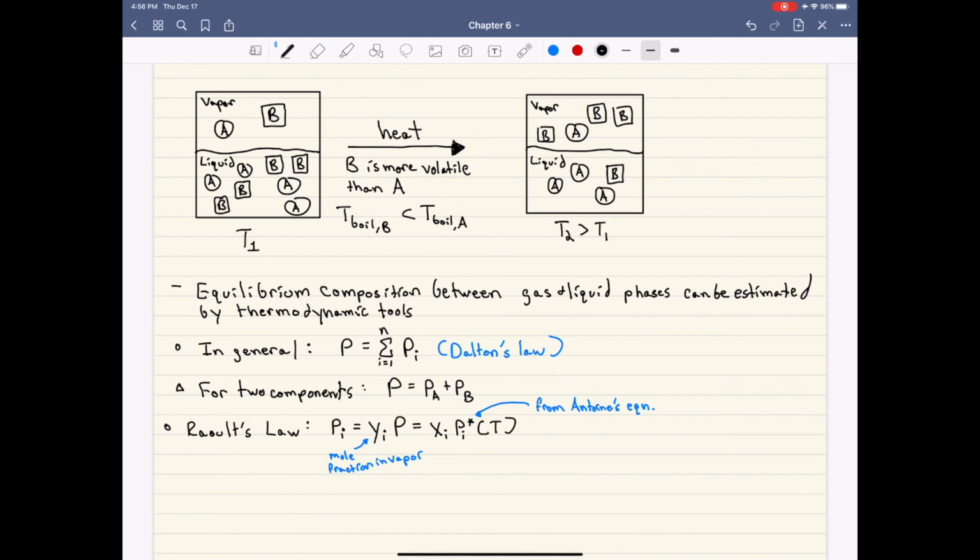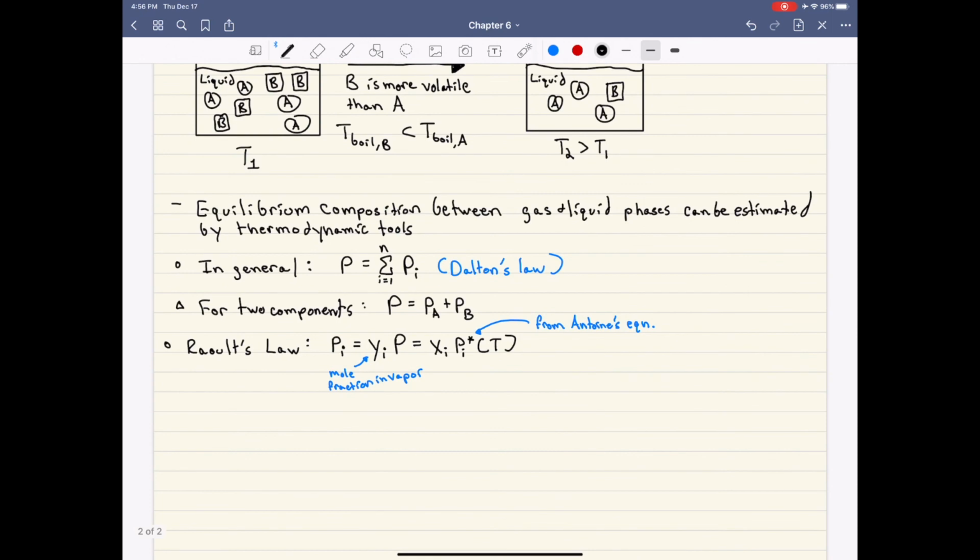All right? But of course, like any sort of thermodynamic model, it is based on a few assumptions. Right? I won't go through the actual derivation of Raoult's law. You'll see that later in your thermodynamics courses. But I will tell you that Raoult's law works well if the liquid mole fraction of the species is close to 1.